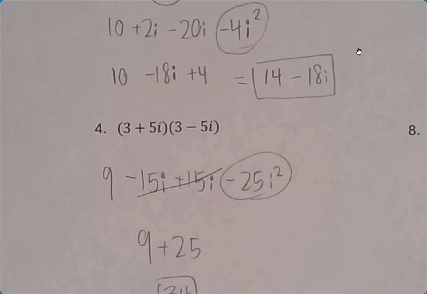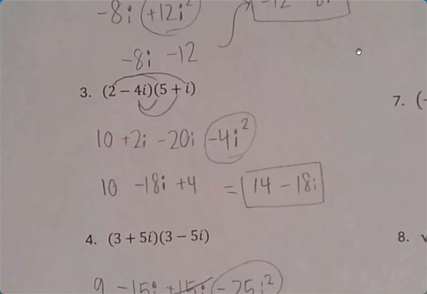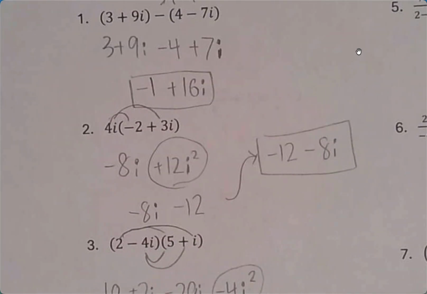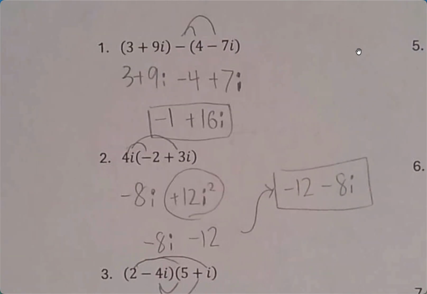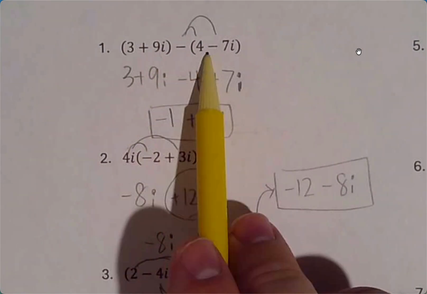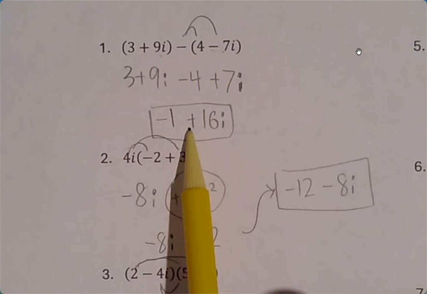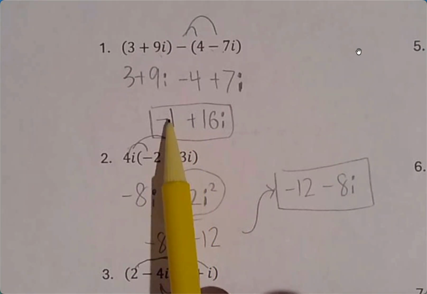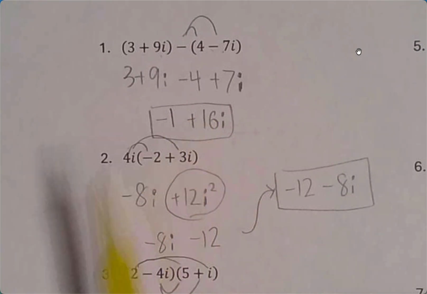And this is where I'm going to stop, pause, and talk through our first few examples. Here's what we found that sounds kind of interesting. If I add or subtract complex numbers, I may get another complex number. I could get just a real number or just an imaginary number.